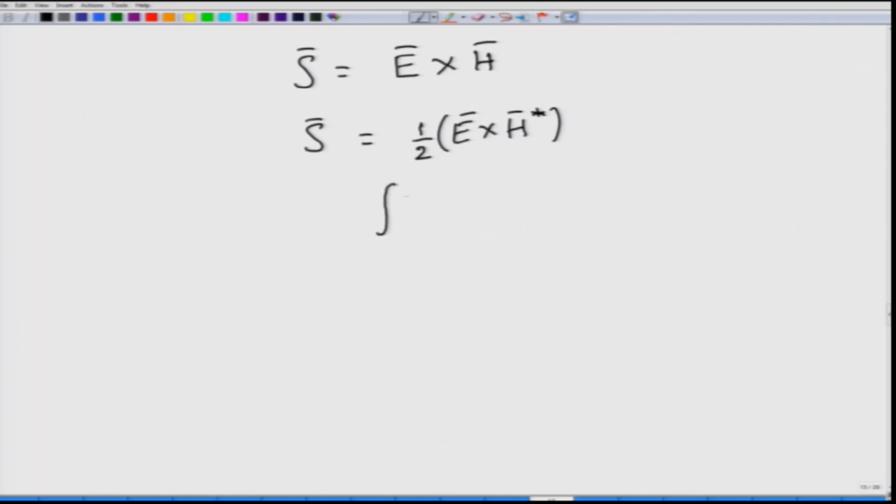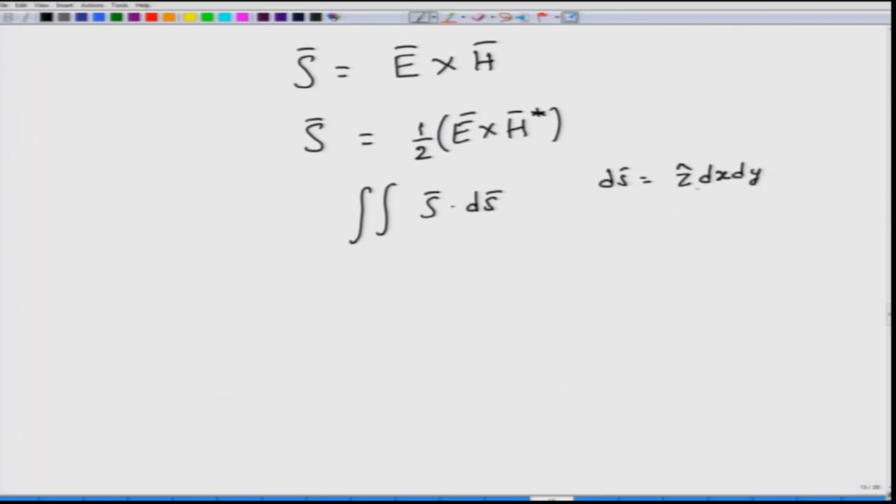Of course, the power itself is obtained by integrating over the area, and in this case the area will be along the x and y directions. So, this would be S dot ds, where ds is the surface element given by z hat dx dy.